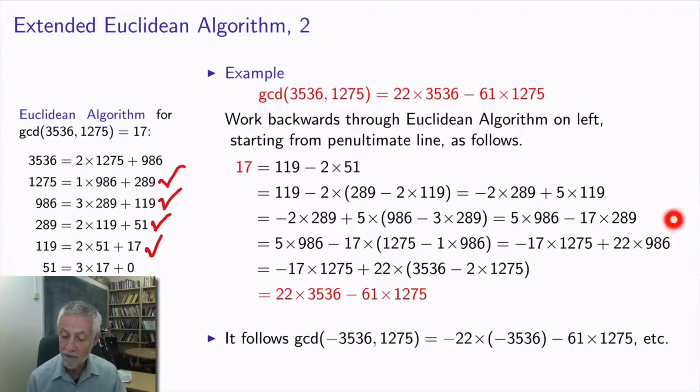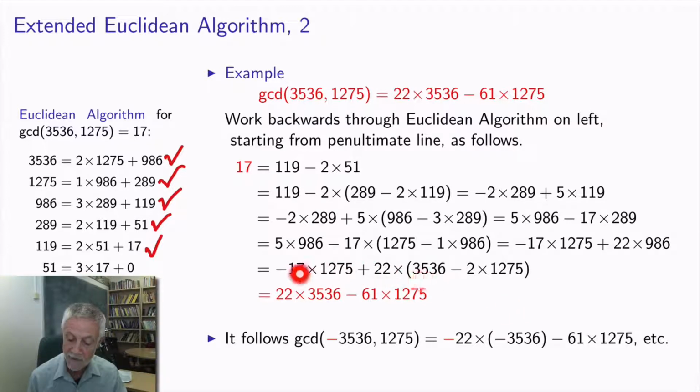And again, 986 now, the smaller of these two numbers, we use this line here and express it in terms of the 986, that is 3536 minus twice 1275. So we replace that and we put that into here.